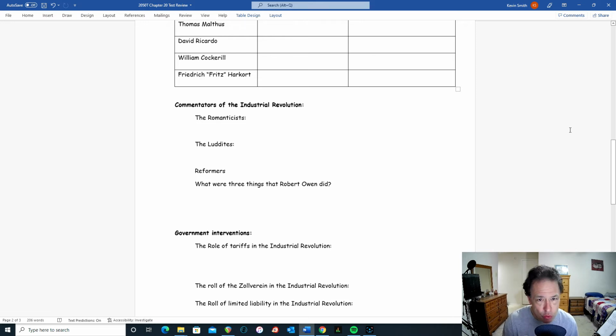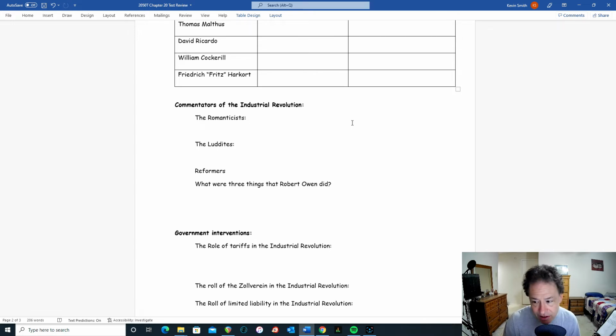Commentators on the Industrial Revolution, there were people who had opinions about it from various angles. For example, the Romanticists. Romanticism is kind of the artistic movement, or maybe you might better say tone of the time. Artists and writers who had a lot to say in critique of modernity and rationalism were these Romanticists.